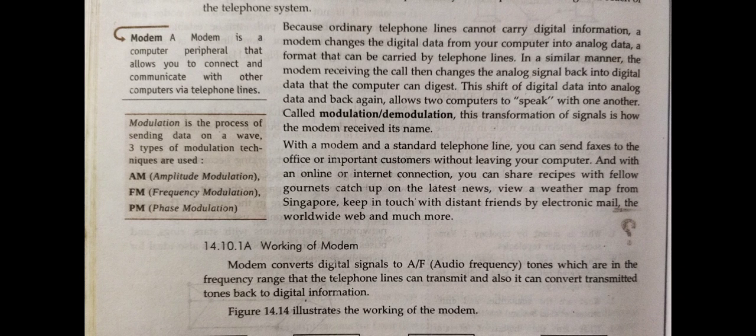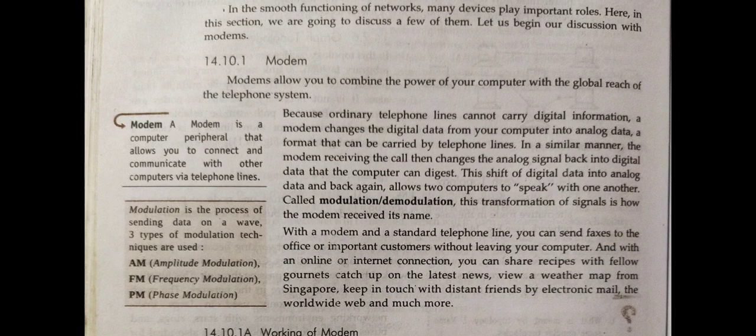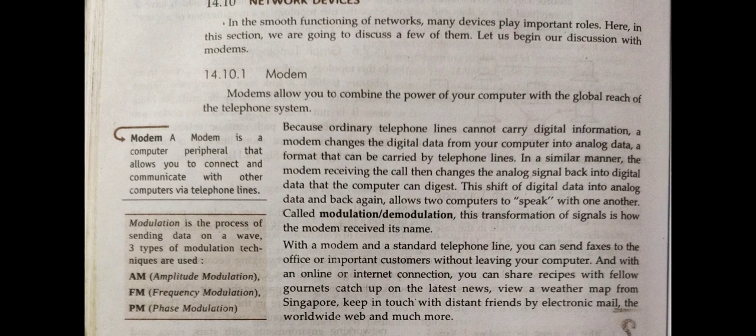So when you are connected to your internet through the wires of a provider like BSNL, in the wires the signals are coming in analog form, but your computer understands only digital form. So they cannot communicate.